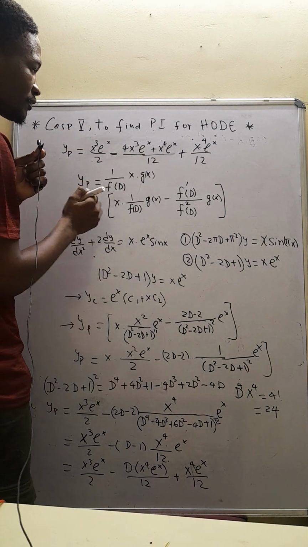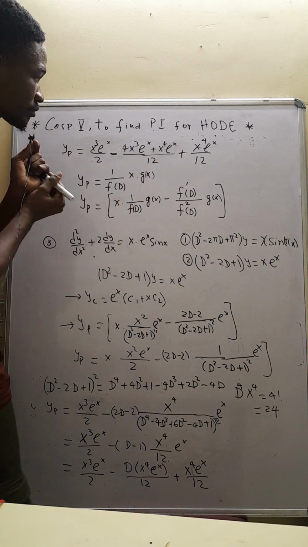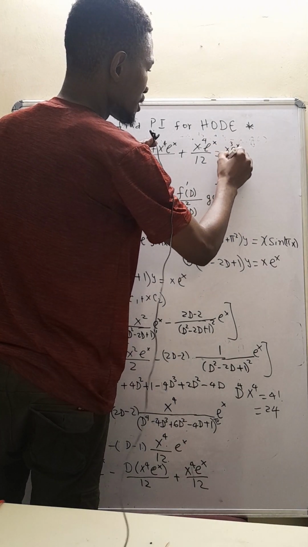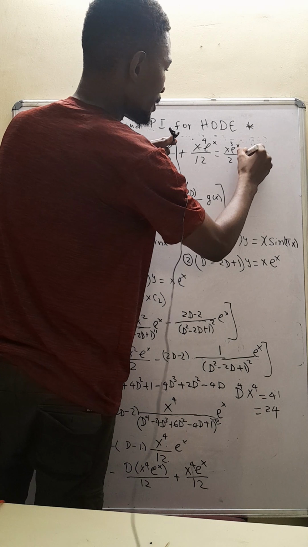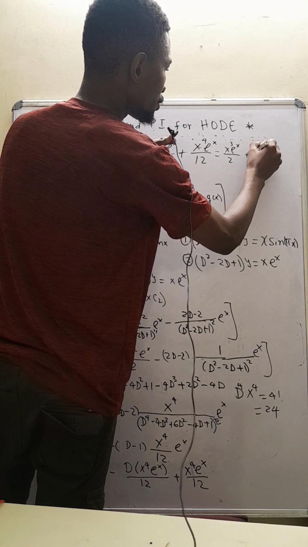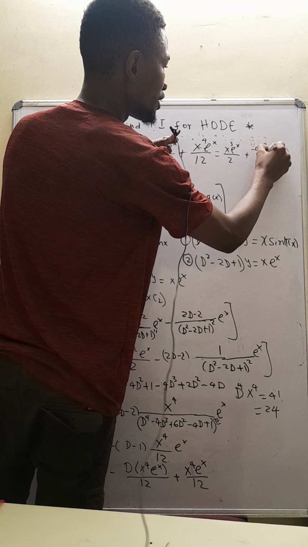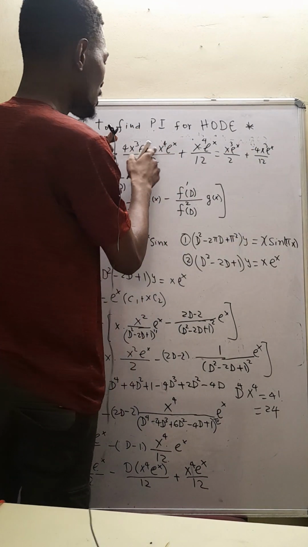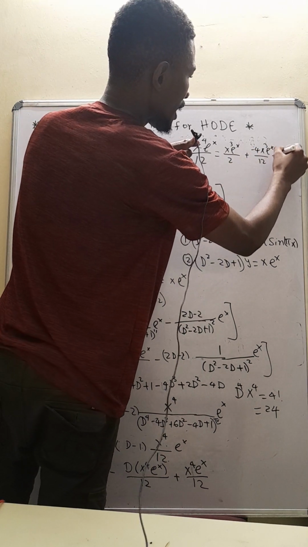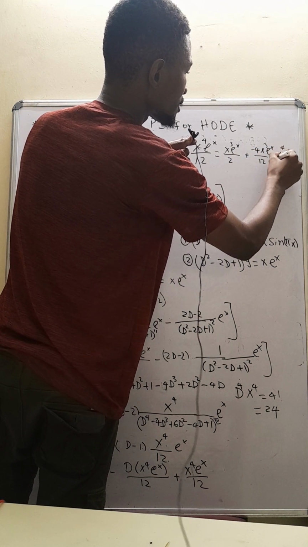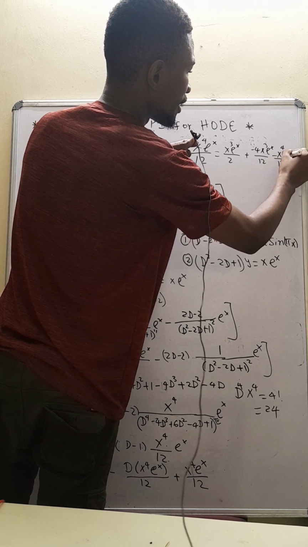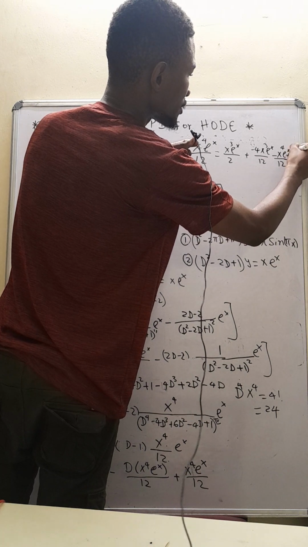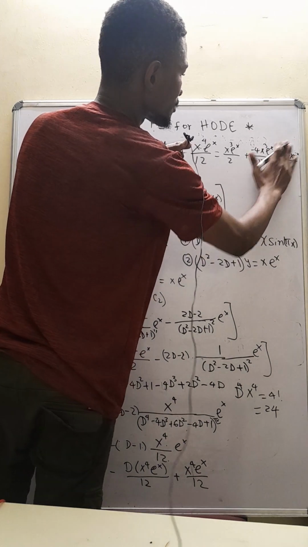So now what you have to do to solve this equation. This will be x raised to 3 Euler raised to x by 2, and here it will be minus 4 x raised to 3 Euler raised to x upon 12. Then this minus will be minus x raised to 4 Euler raised to x upon 12. And here plus the same expression, x raised to 4 Euler raised to x.